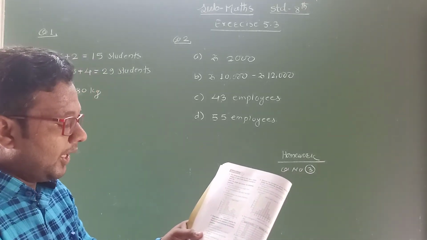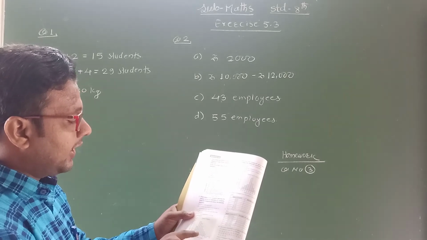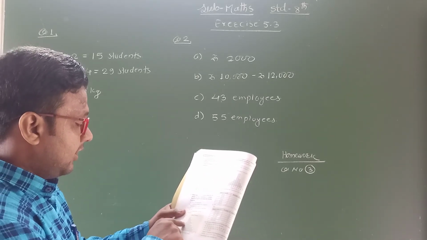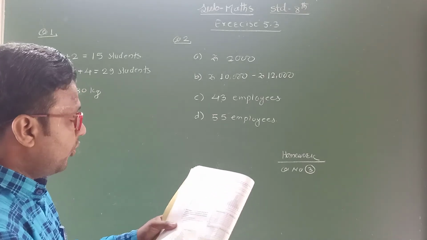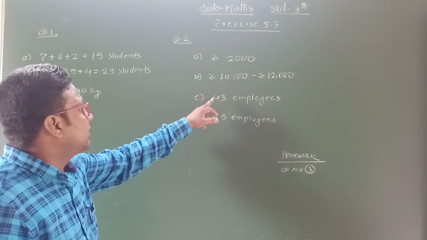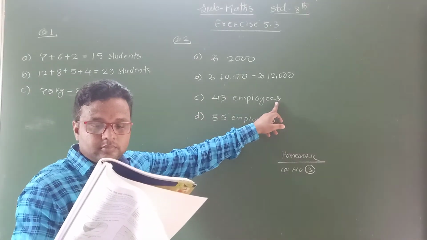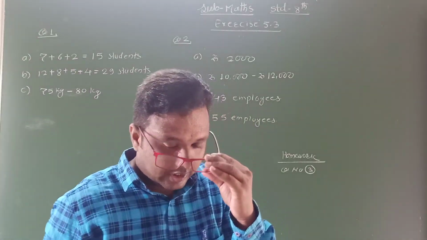Then for 10 to 12, 14 employees are there. For 12 to 14, 12 employees, and for 14 to 16, 9 employees are there. If you add them, we get the answer 23 employees who earn less than rupees 16,000.